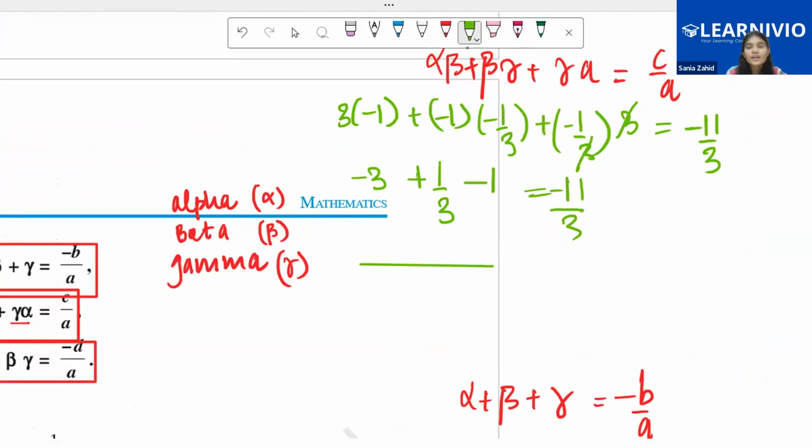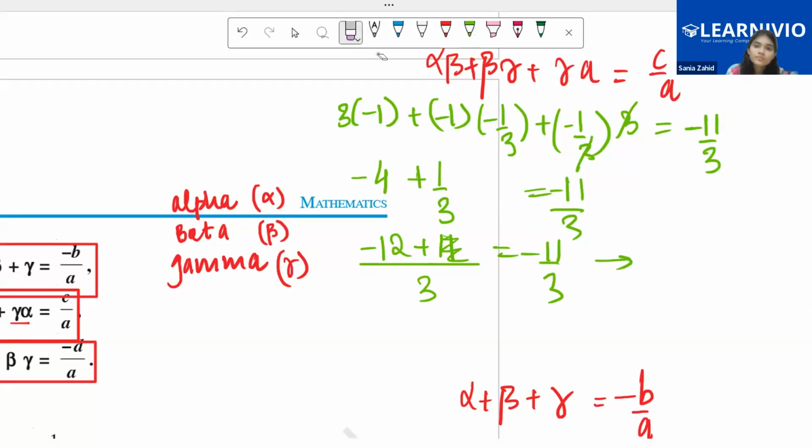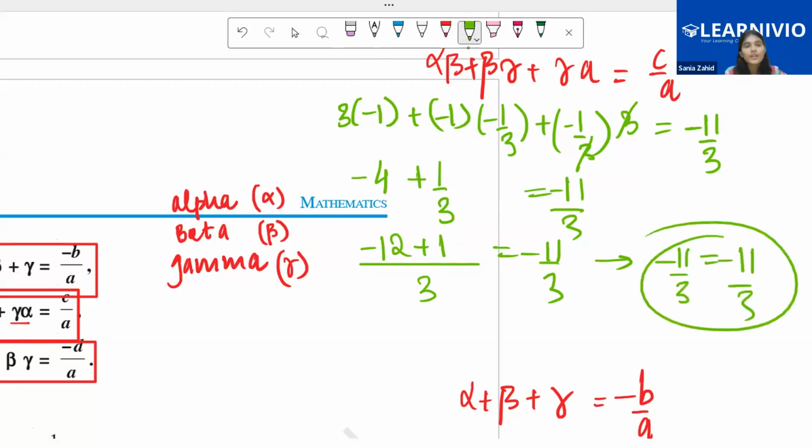So you get an LCM. This will be -4, you can just cancel it. -4 over 3. You get negative 11/3 is equal to negative 11/3. So this is also verified.